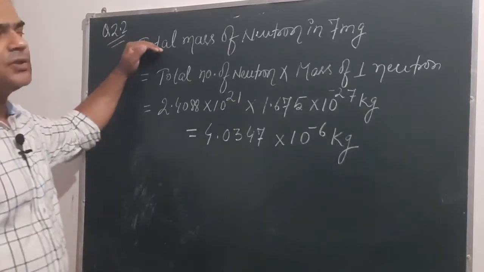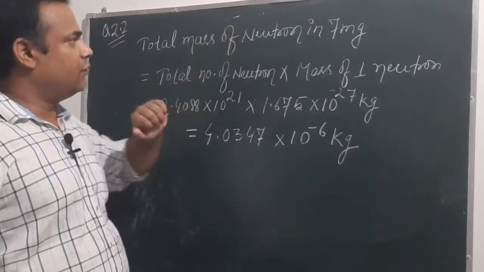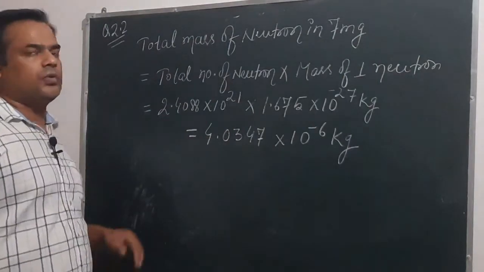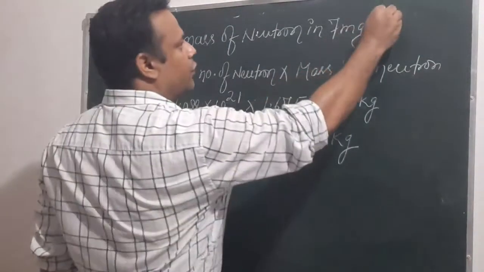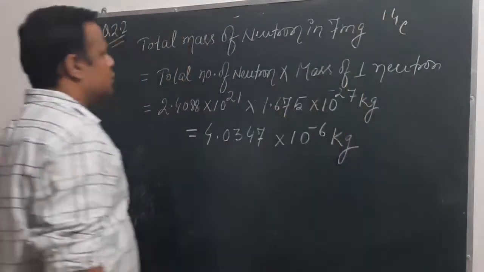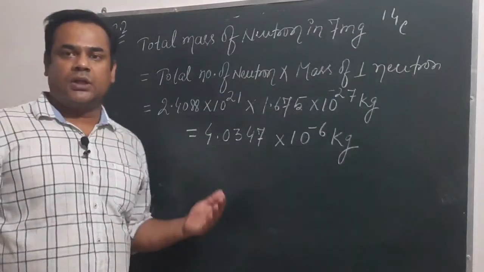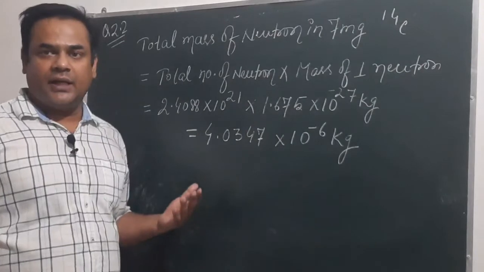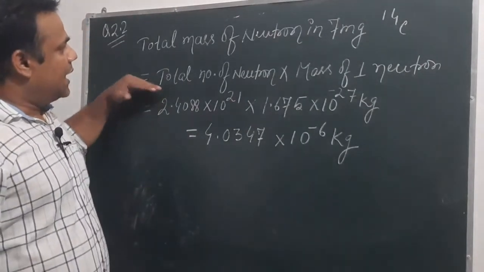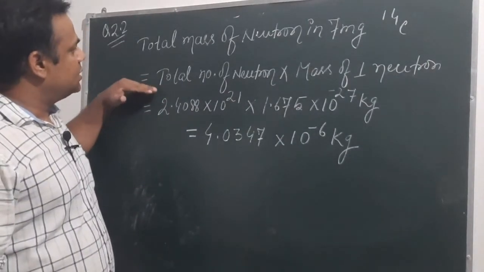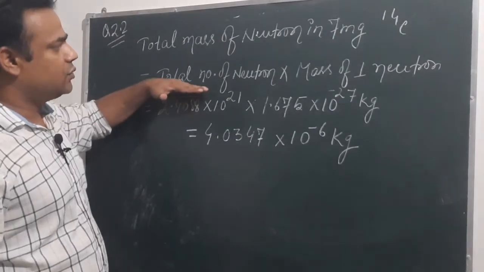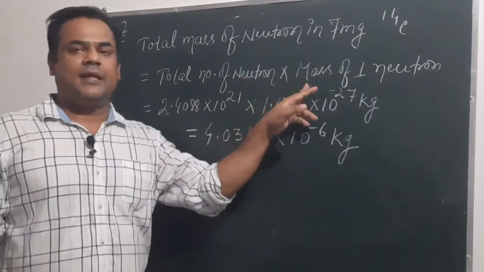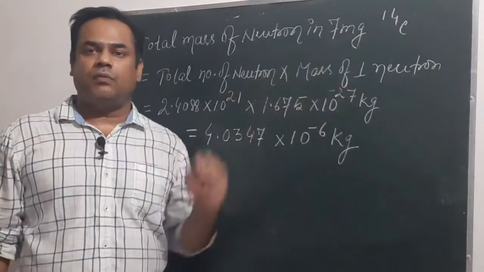Now the total mass of neutrons in 7 milligram. We have to calculate the total mass of neutrons in 7 milligram 14C. So first we have to calculate the total number of neutrons in 7 milligram 14C, which we have already calculated. Now to calculate the mass, we will take the total number of neutrons and multiply it with the mass of 1 neutron.